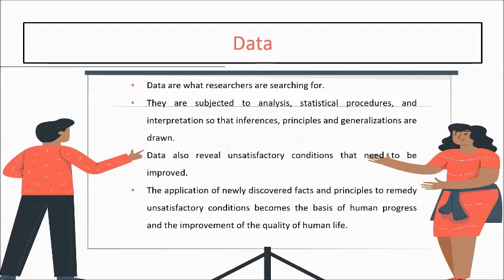Again, when we say data, these are the information that you are searching for, and at the same time, the information that you will draw or find out at the end of your study. Meaning, aside from researching data, you will have to present another set of information at the end of your study.